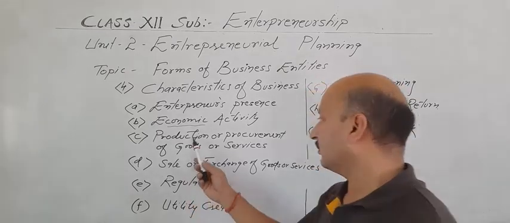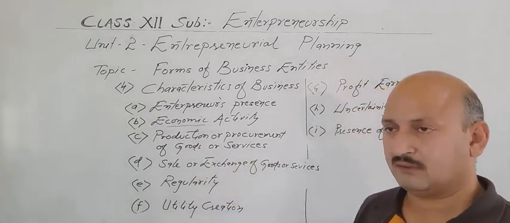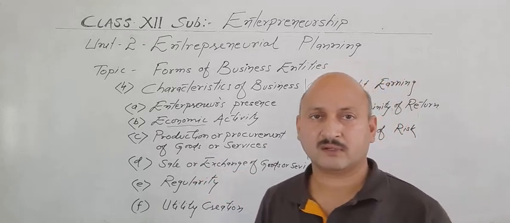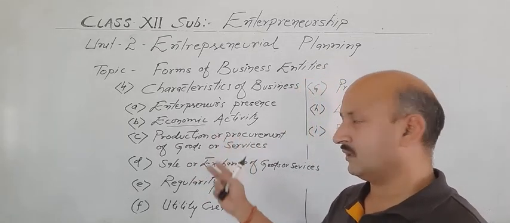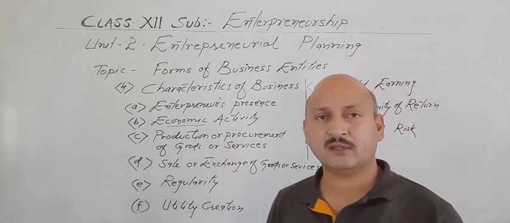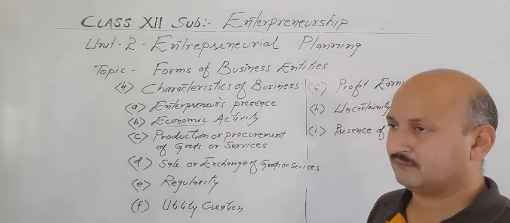Next point is production or procurement of goods or services. So, if we are going to start a business, it must involve one of these two features. Either we produce the goods or we procure the goods as well as services.